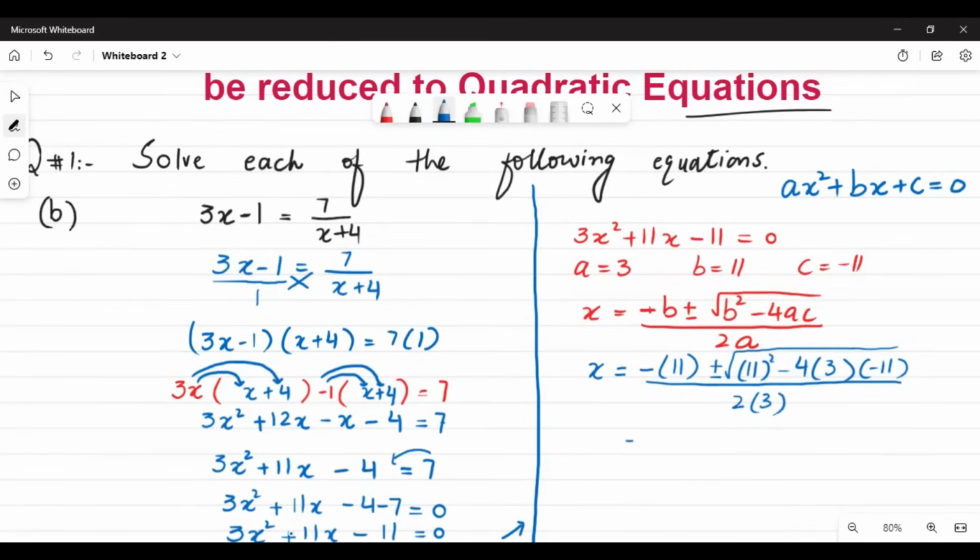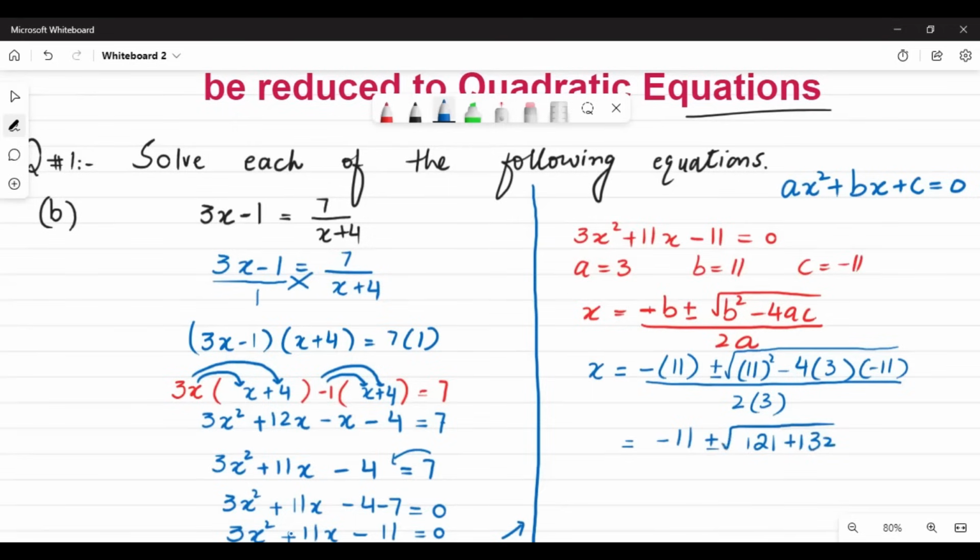When we solve this, it will be minus 11 plus minus the square root of 11 square, which is 121. Minus and minus is plus. 4 3s are 12 and 12 multiplied by 11 is 132.